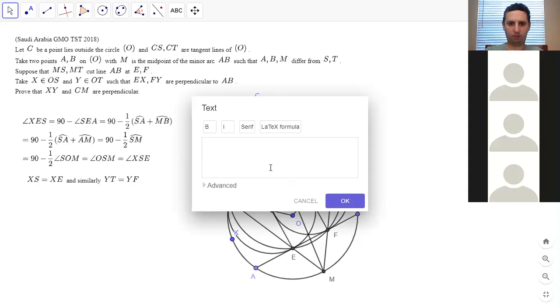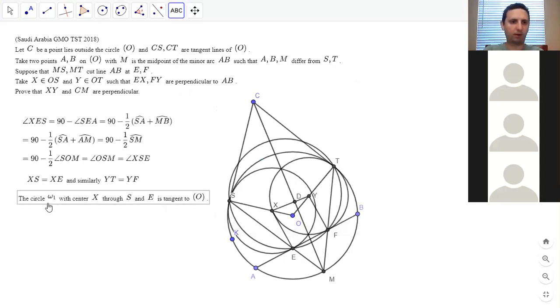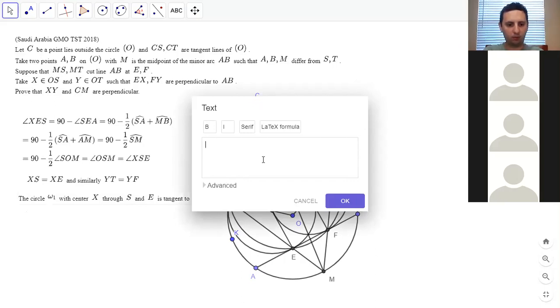So the circle, I'll just give it a name, with center X through S and E is tangent to the circle O. And then the same is true with the other circle omega 2. That's easy to see.